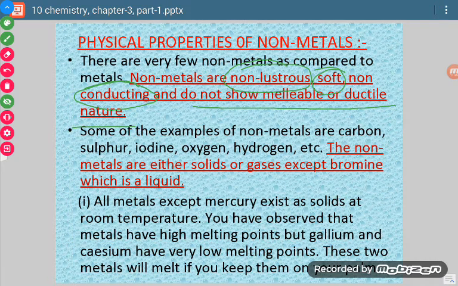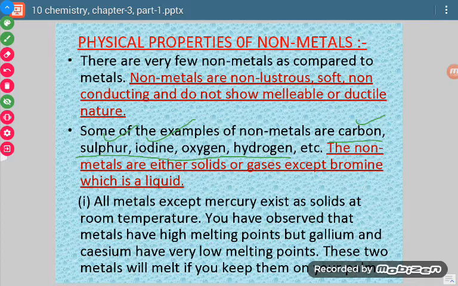Now there will be a few exceptions, and those we are also going to discuss. All gases are non-metals; you can remember it this way. Except gases, there are a few substances which behave as non-metals, just like carbon, sulfur and iodine are non-metals. They are not gases, but in whichever form they exist, they are non-metals.